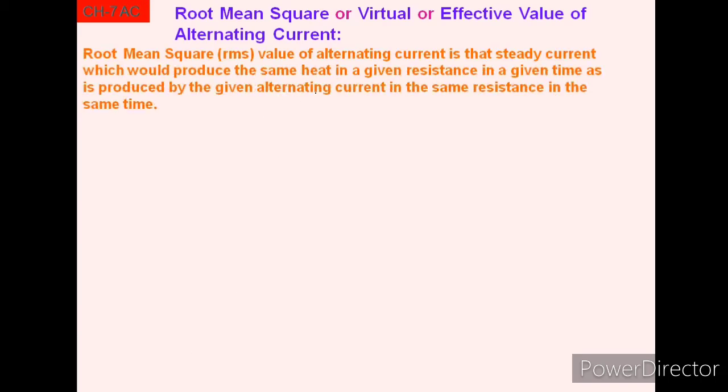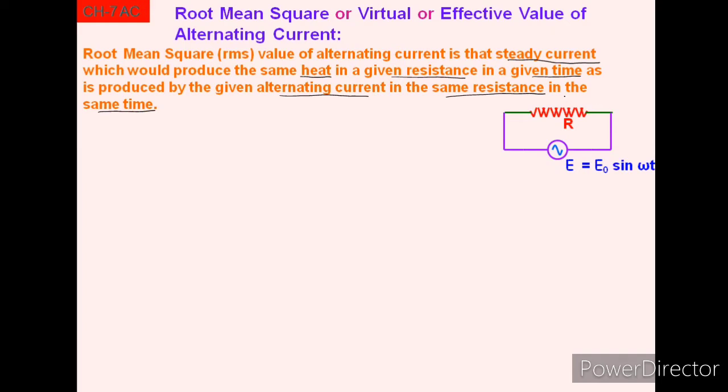Root mean square value of alternating current is that steady current which will produce the same heat in a given resistor in a given time as is produced by the alternating current passing through the same resistance for the same time. तो कहने का मतलब क्या हुआ?